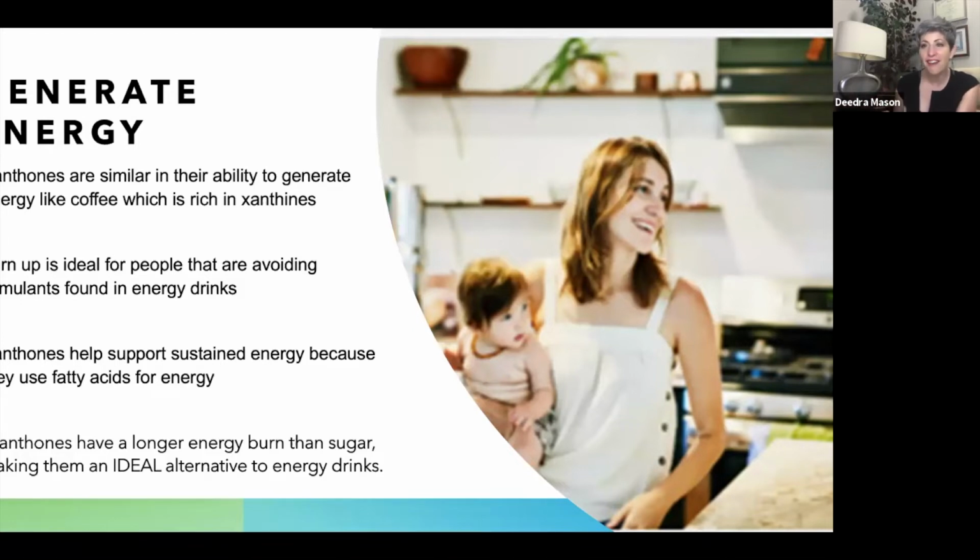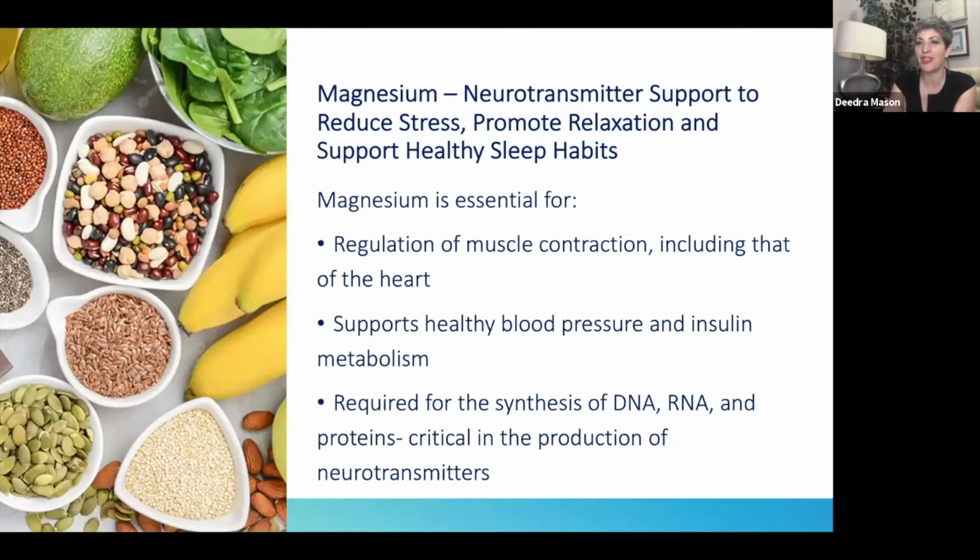So unlike caffeine, which is a xanthine that can give us a boost of energy, xanthones give us a sustained energy. And so we're really focusing in the methylation bundle on those individuals that need more mental flexibility or endurance, those people that want or need more physical stamina or endurance, especially if they're feeling kind of fatigued here. And that's why we have those in the methylation bundle.